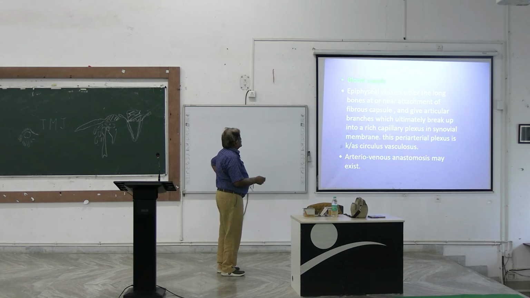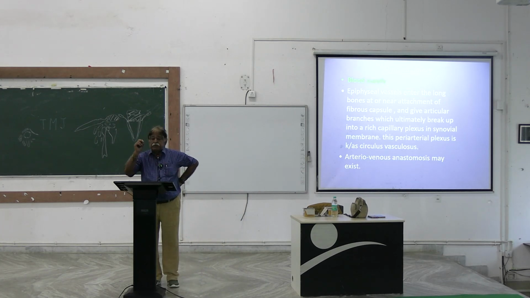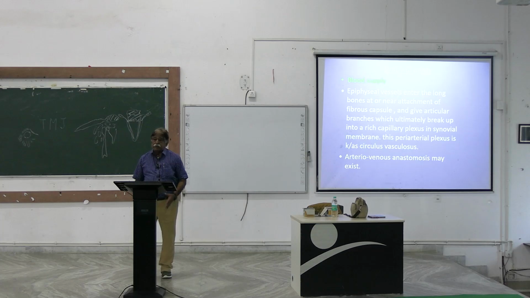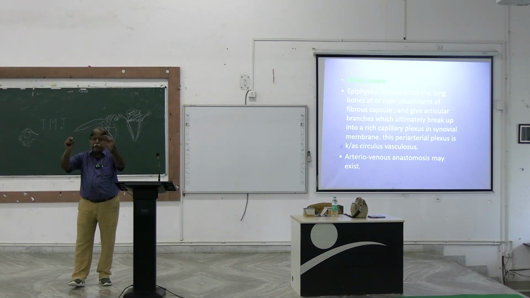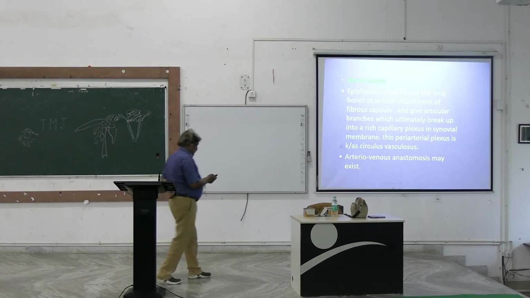Every joint you study, you see a beautiful picture of the vascular supply, and a unique picture you see of the knee joint. You can see both the bones in the knee joint, and in any book you are studying, you get the picture. Okay.